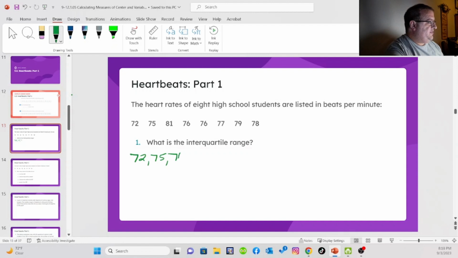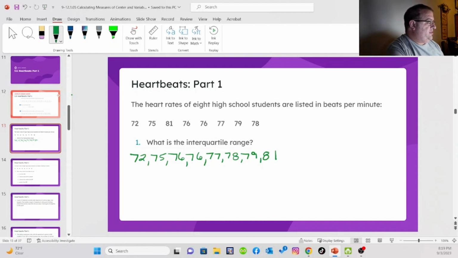Now we need to shift 76 and 76 down. Then we have 77, 78, 79, and 81. Now that they are in order, we can start to come up with our 5-number summary.